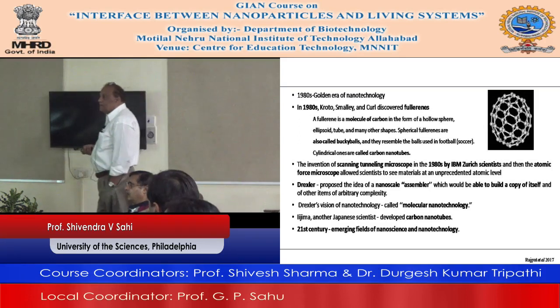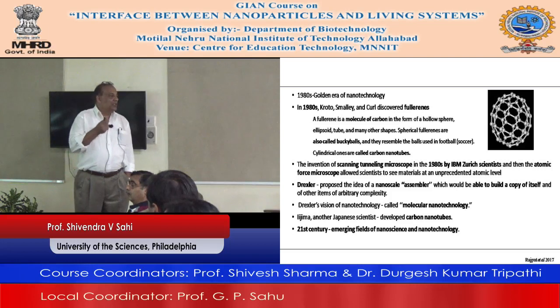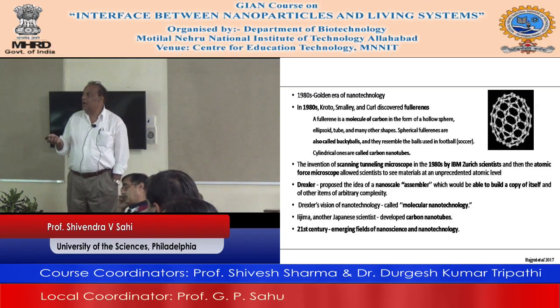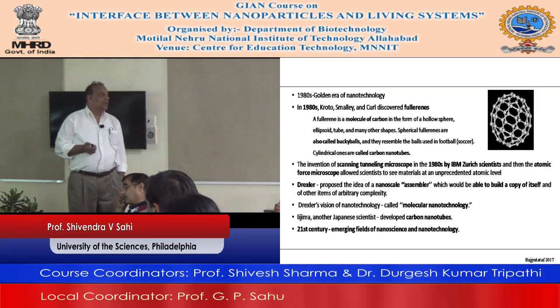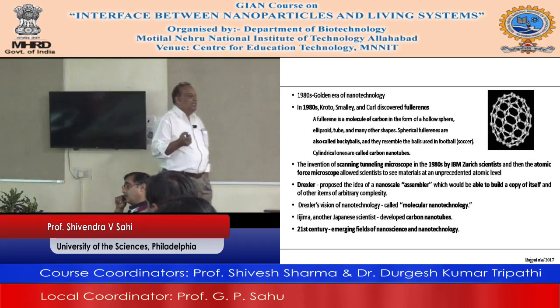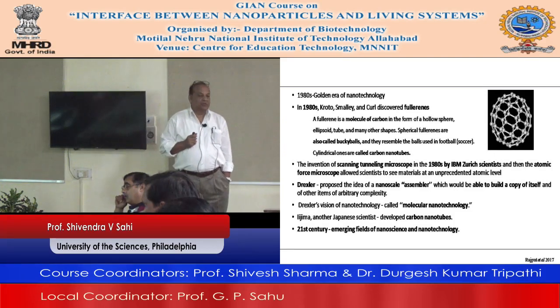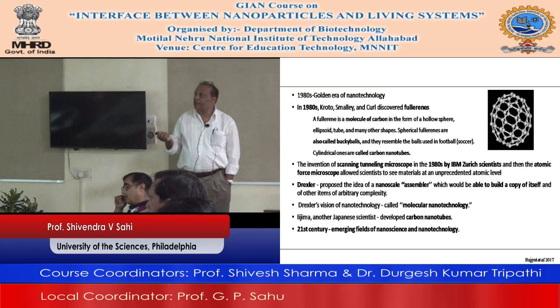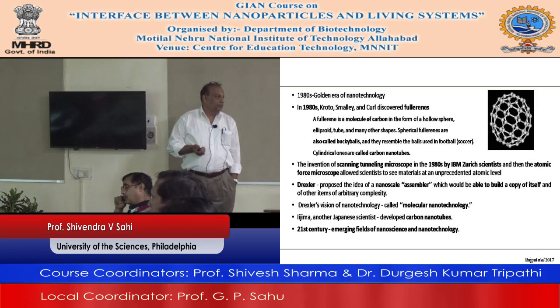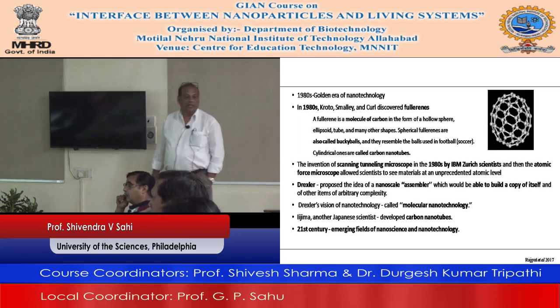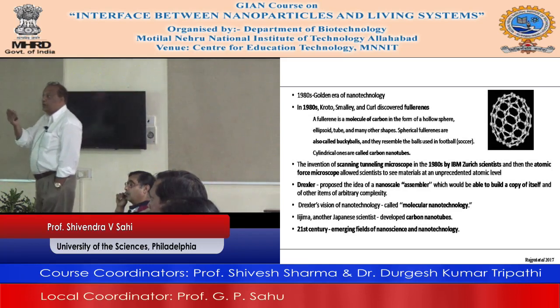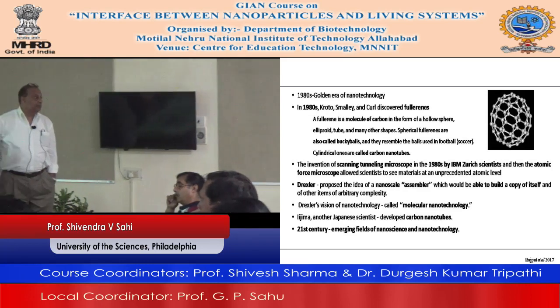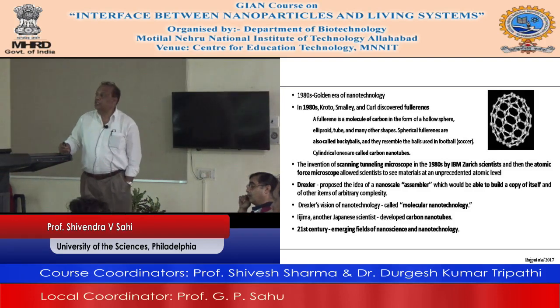Then when we start looking at the nanoscale, we need to have a microscope. That gave the need to develop the scanning tunneling microscope, which came in 1980 by IBM Zurich scientists. Then after that, the atomic force microscope. I remember that in my time, that was developed, and people started using it, at $450,000.